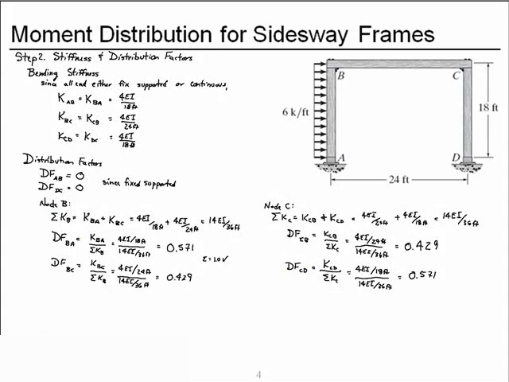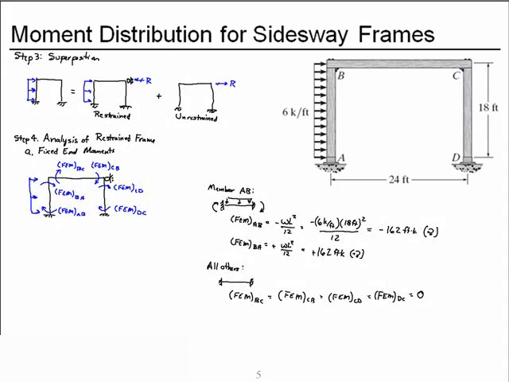We then found the bending stiffness for each member and the distribution factors for each node. In order to apply moment distribution to a frame that can sidesway, we need to superimpose two situations, so we identified what those would be, and we began our analysis of the restrained frame, which began by finding the fixed end moments.